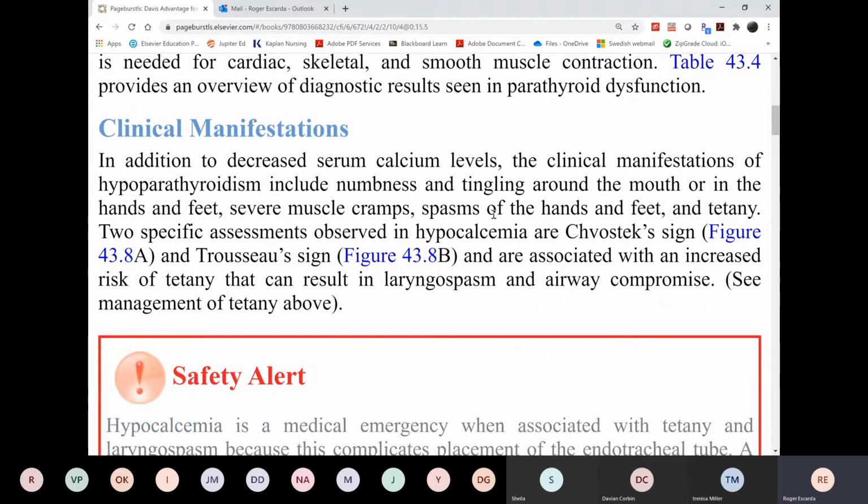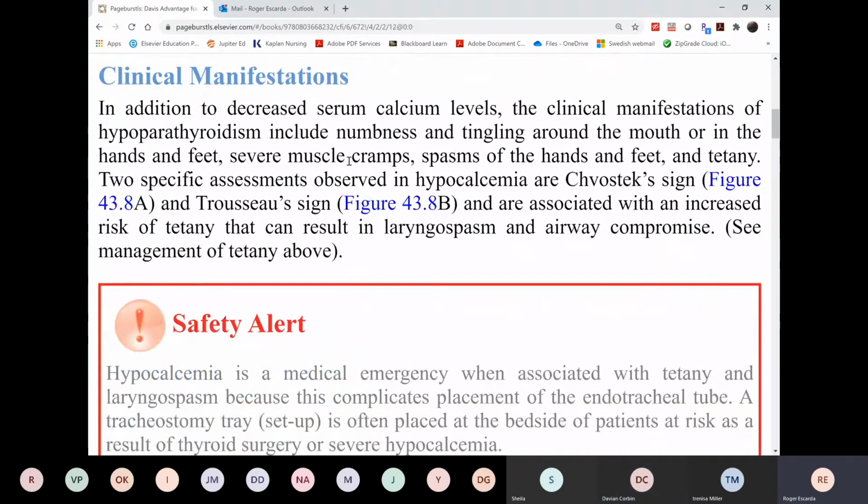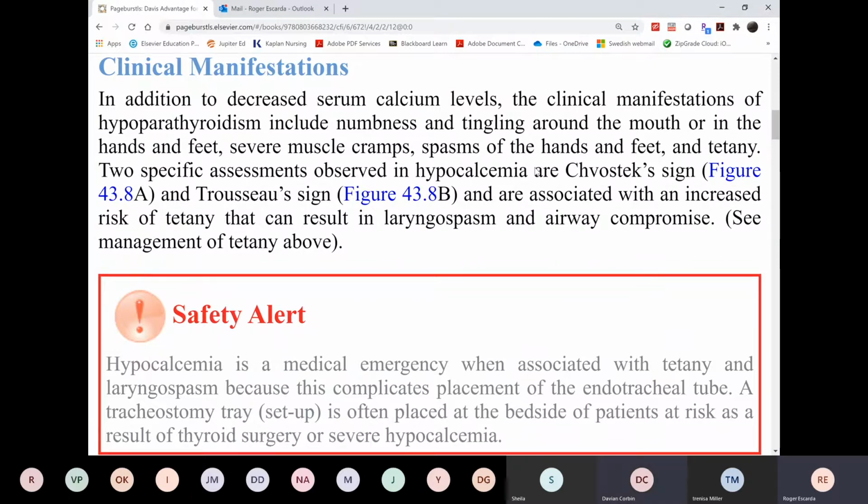So what will the patient's manifestations be? We looked at these under post-op care in thyroidectomy. The symptom, especially if we're talking about severe hypocalcemia, is tetany, and we have Chvostek sign and Trousseau sign, along with tingling sensations around the mouth or in the hands or feet, and then you have your muscle cramps and spasms.